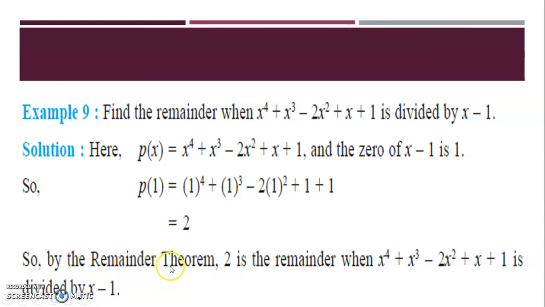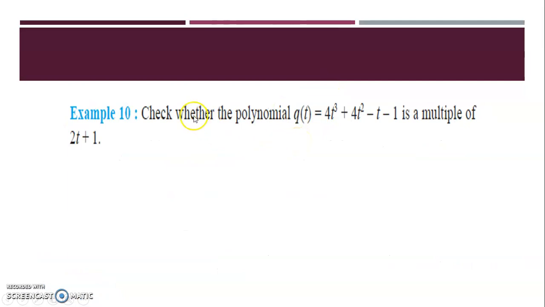This is true because of the remainder theorem. In this way, the remainder theorem helps us to calculate the remainder of polynomials which are divided by linear polynomials easily, without using the long division method.